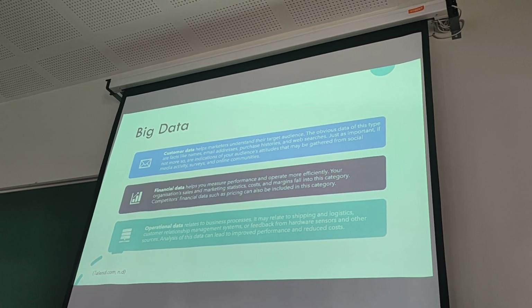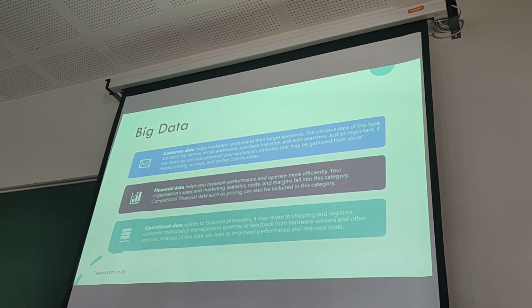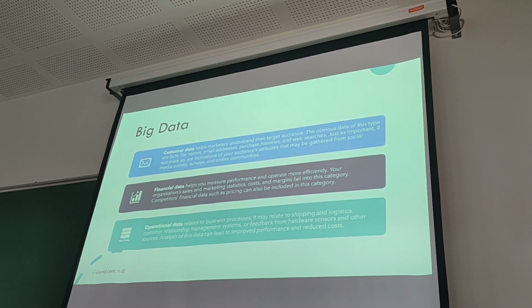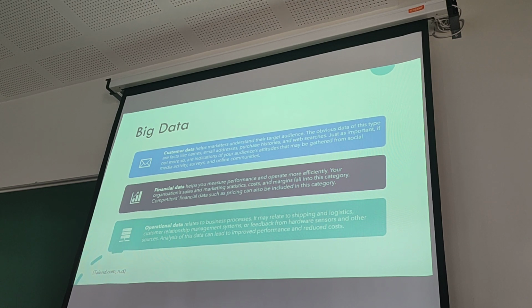Or feedback from hardware sensors, so like if you get a delivery and they have to scan a barcode or something, or a physical sensor in a physical shop, to scan a barcode. All of that goes back into operational data. So analysing all this logistical and operational data can help you improve performance and reduce your costs.